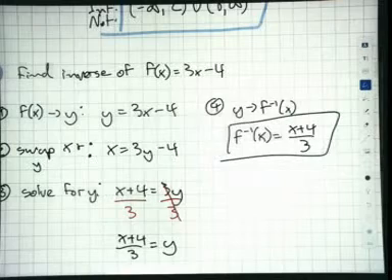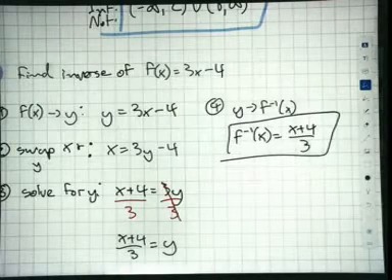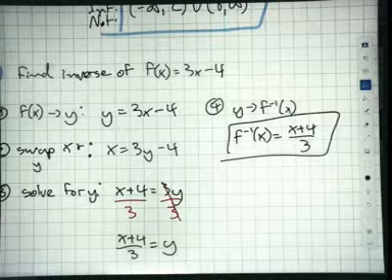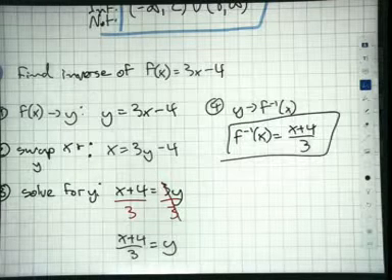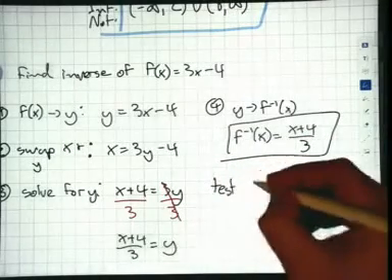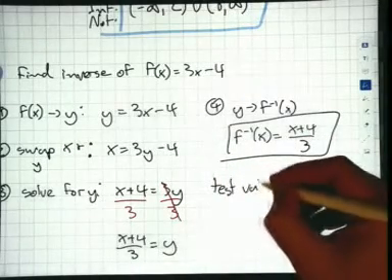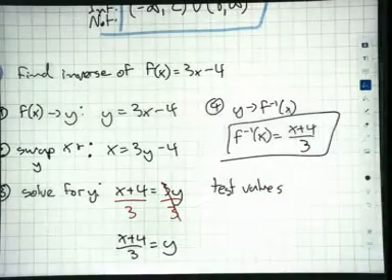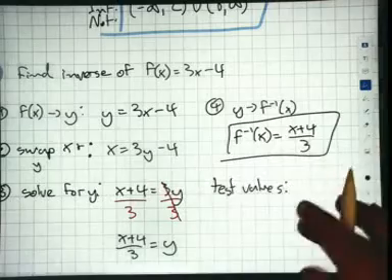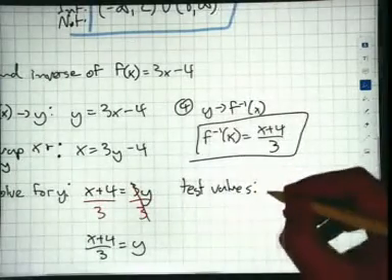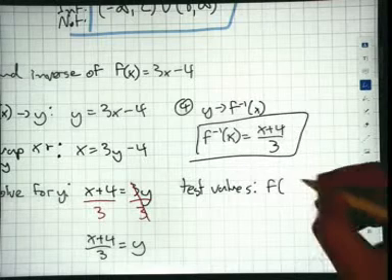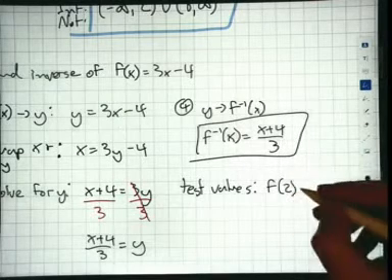Now, how do we verify that these are inverses of each other? Well, one quick way is you could test some values. Let's do real quickly f at, doesn't matter, pick a point, f at 2.